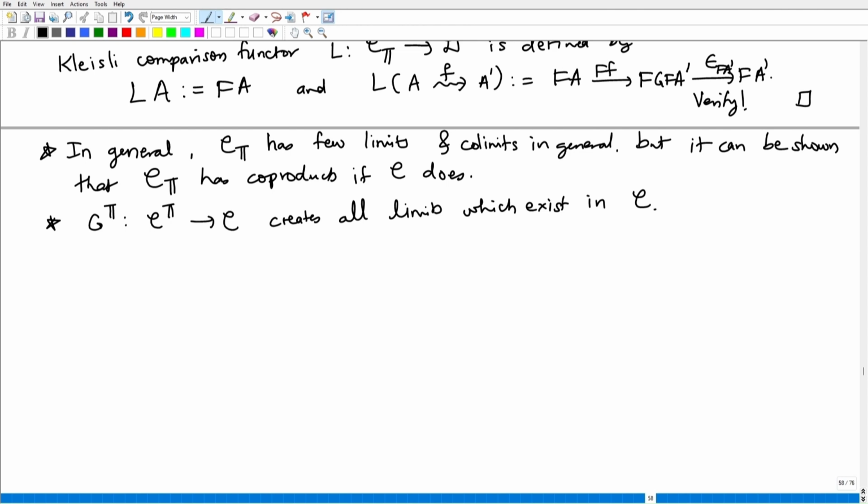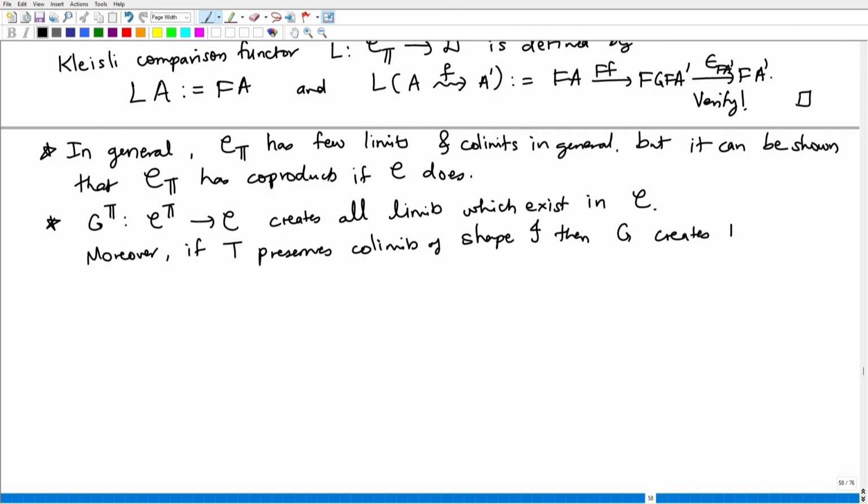Moreover, if T preserves co-limits of shape J, then G creates them. So now this is a conditional statement.